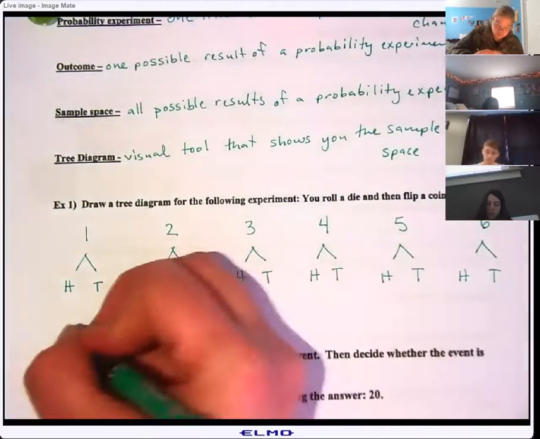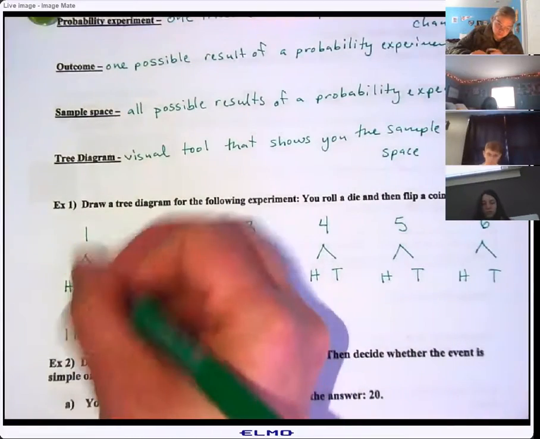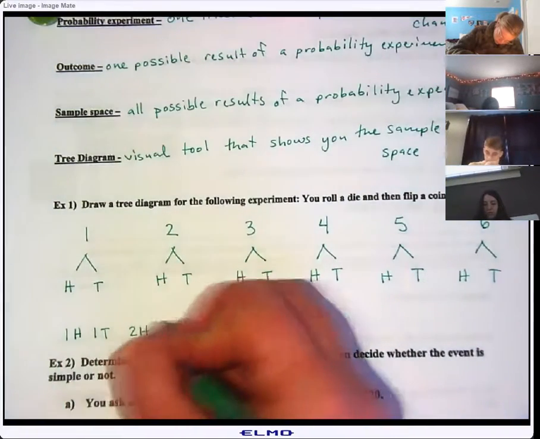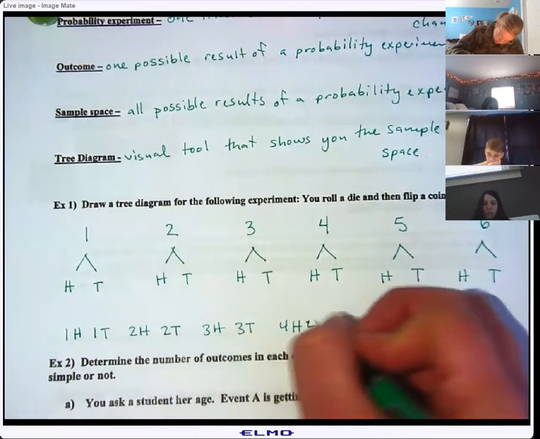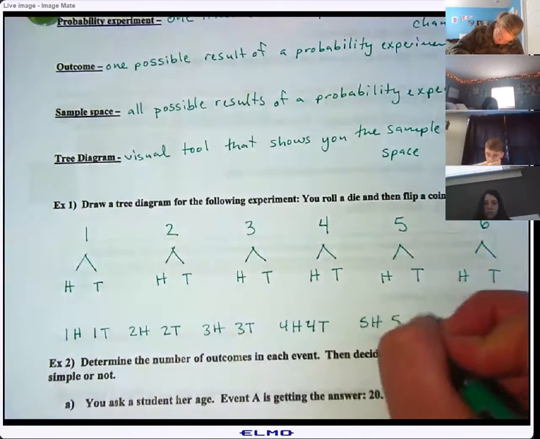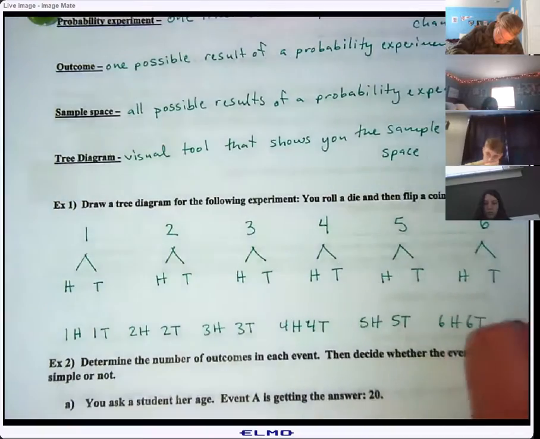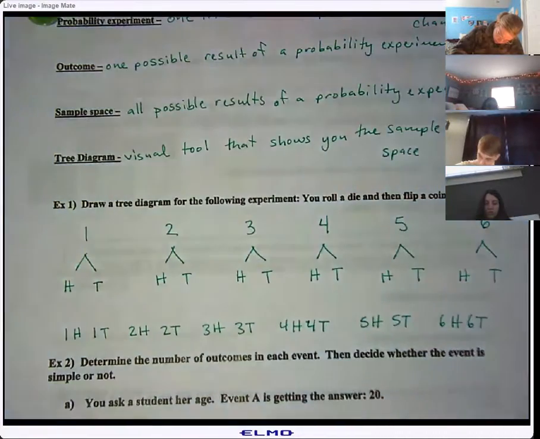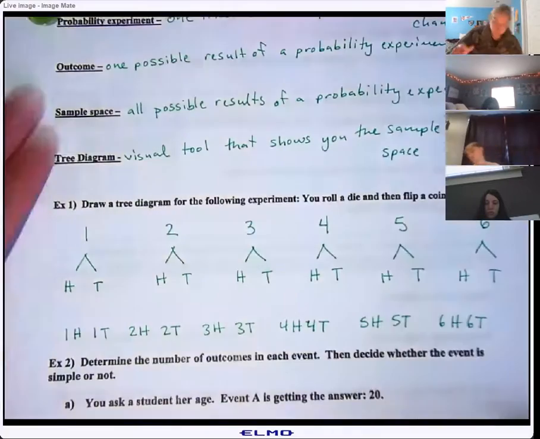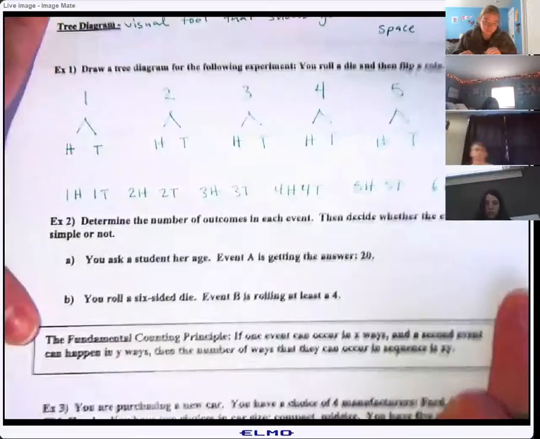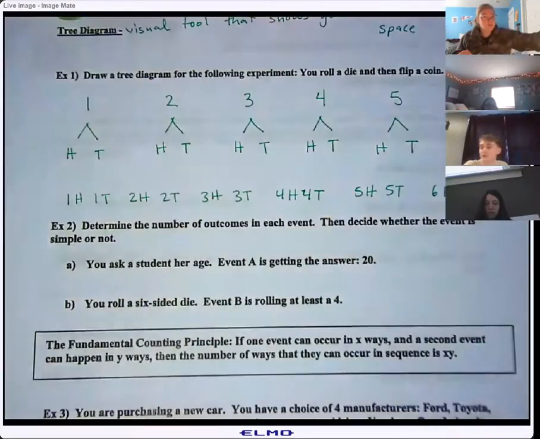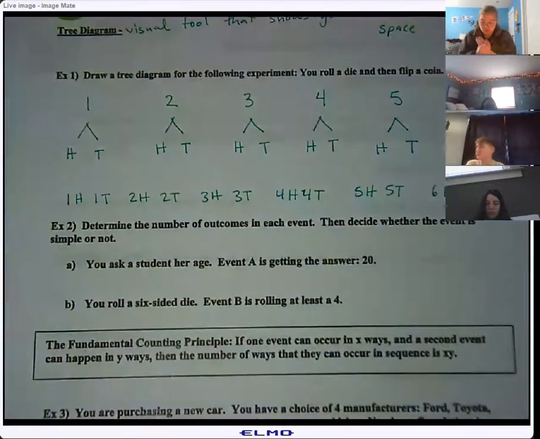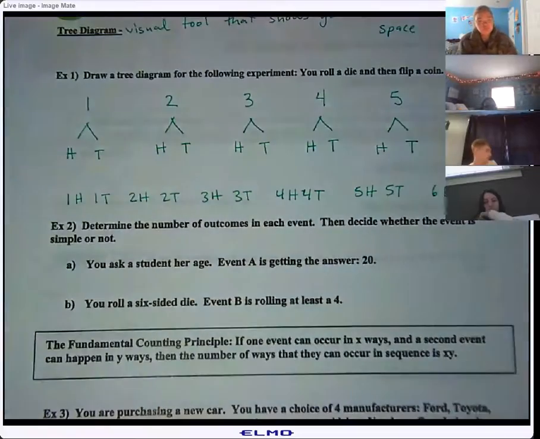So if I was going to make a list of all the things that were in this, I'd say you could get a 1 heads, going down my list, 1 tail, 2 heads, 2 tails, 3 heads, 3 tails, etc. Looks like 12 different options. Okay.